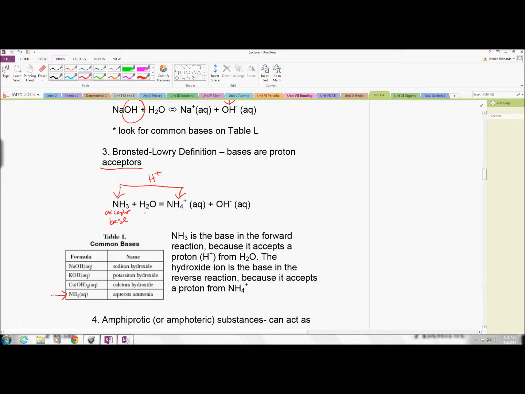Where did it get the proton from? It got the proton from the water, which turns into an OH-. This water donated the proton, so the water is an acid like we learned just up top. Notice in our products we still end up with an OH-.